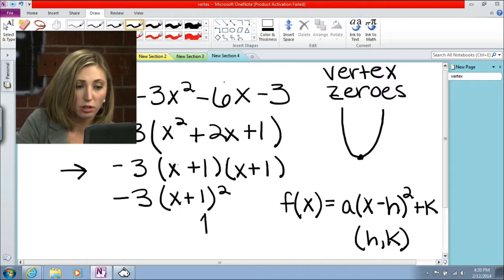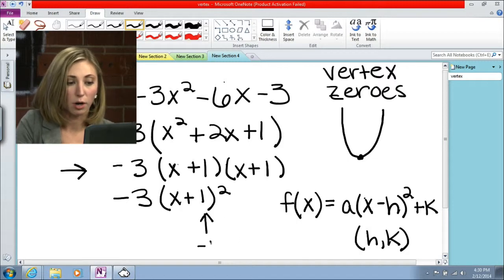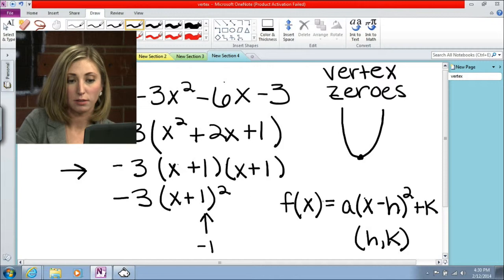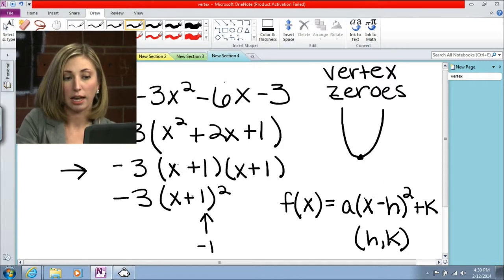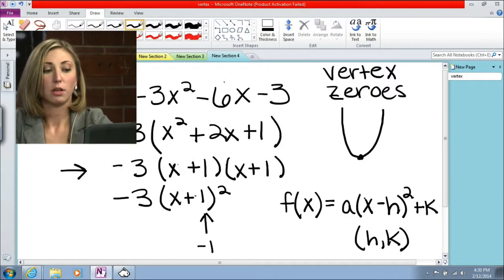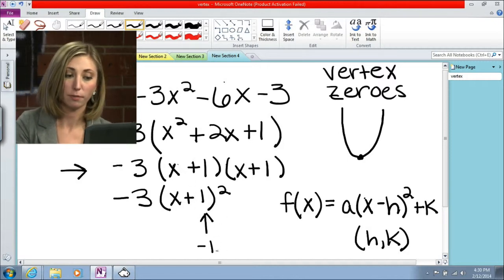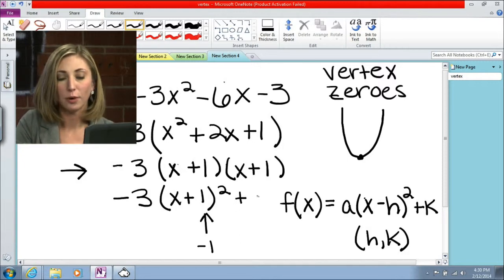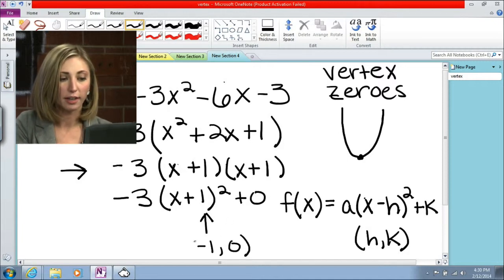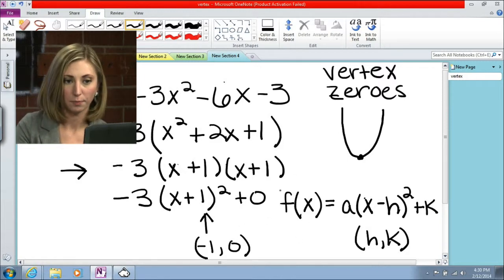Our h is -1 because if we look over here, it's x minus h, and we have x plus 1, which would make our h -1. And then our k, well, really our equation says plus 0. There's nothing that's being added to it. So our k is 0. So our vertex in this equation is -1, 0.